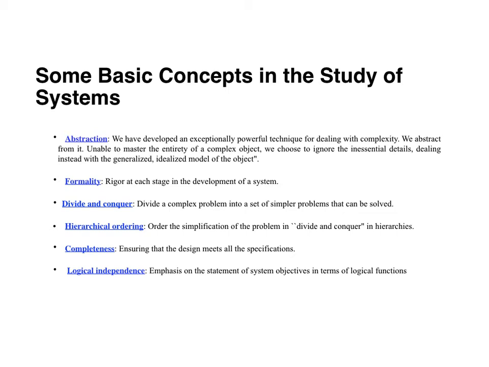The second concept is formality. We have to keep a level of formality in developing our system, with rigor at each stage and more focus on accuracy. The third one is dividing the problem, especially a complex problem, as we said before, into simple problems to construct them as subsystems and then integrate them together to solve our problem.